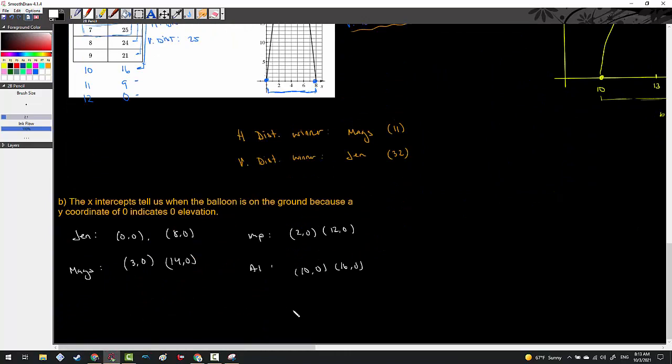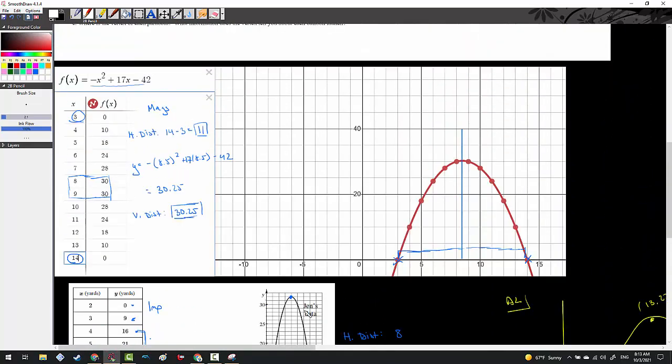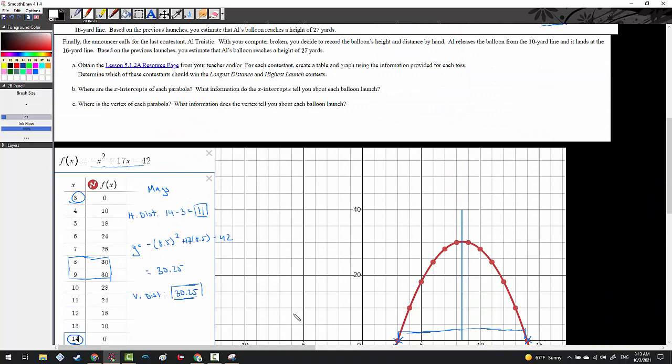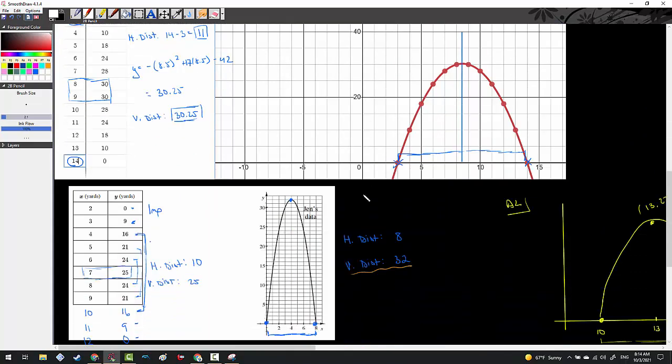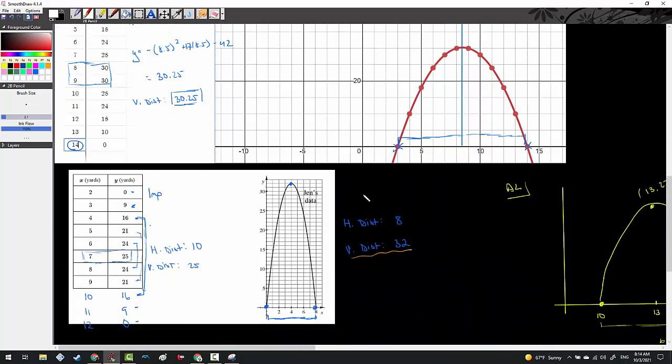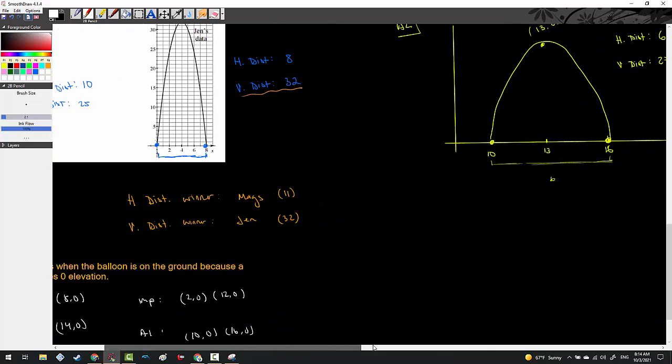Okay. Let's take a look at part C. Part C says, where is the vertex of each parabola, and what does this information tell you about the balloon launch? Well, let's take a look at what it tells us first. The vertex is where the balloon is going to apex. It's the highest point of the parabola. And so let's go and write that down.